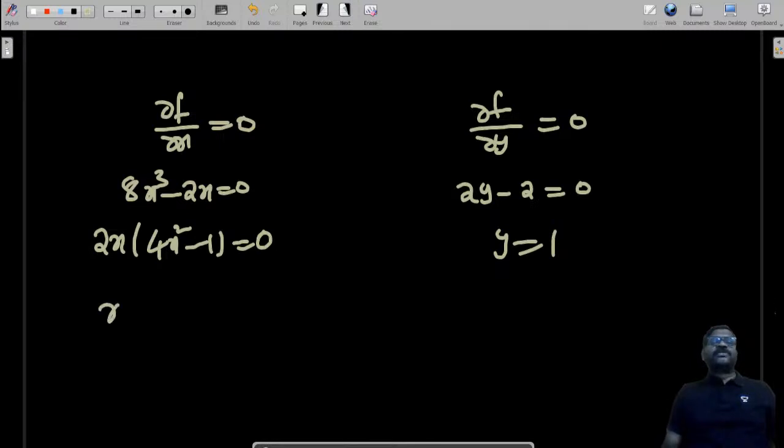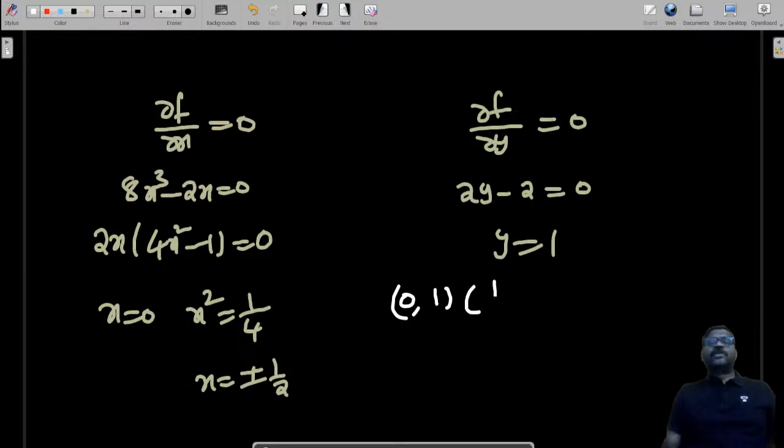Y equal to 1. X square equal to 1 by 4. X equal to plus or minus 1 by 2. The points are 0 comma 1, 1 by 2 comma 1, minus 1 by 2 comma 1.